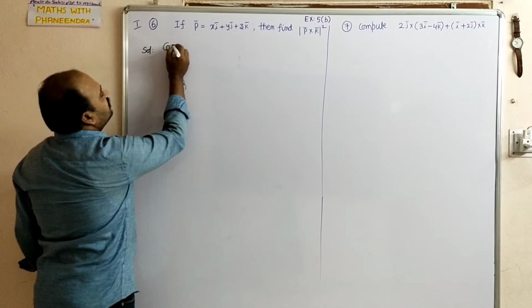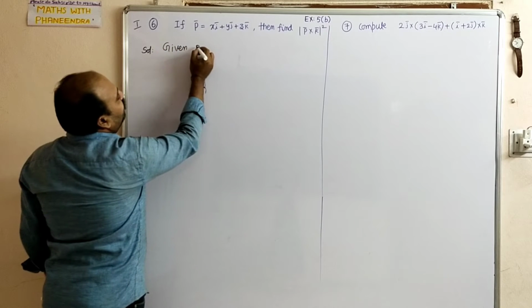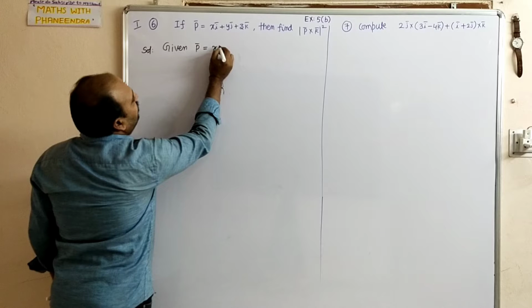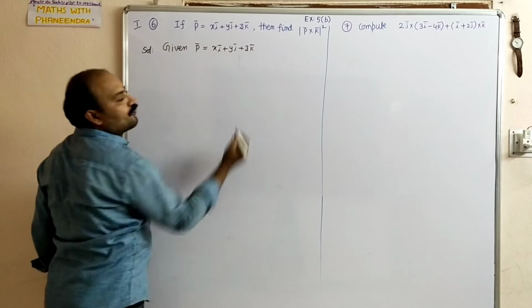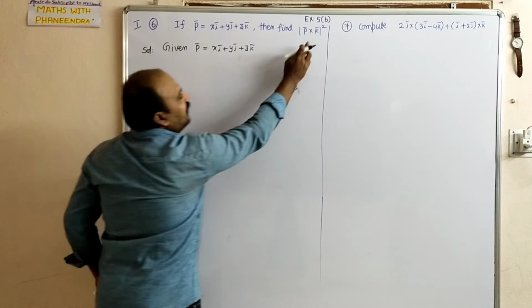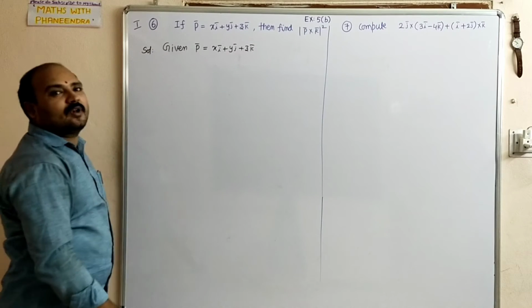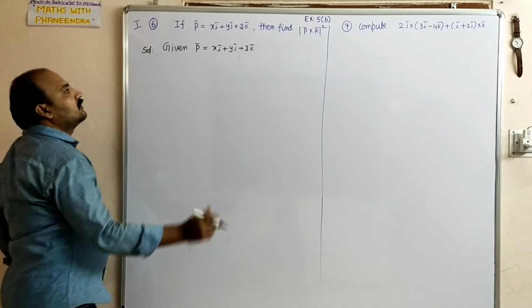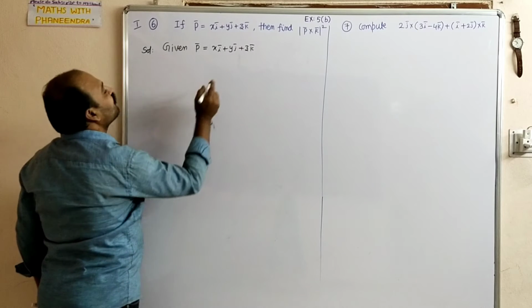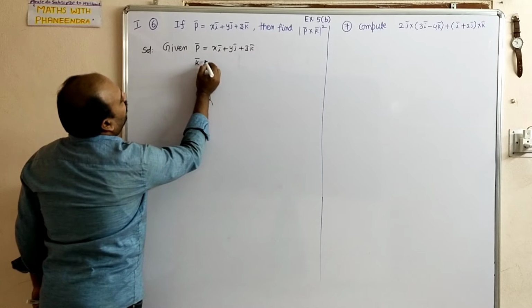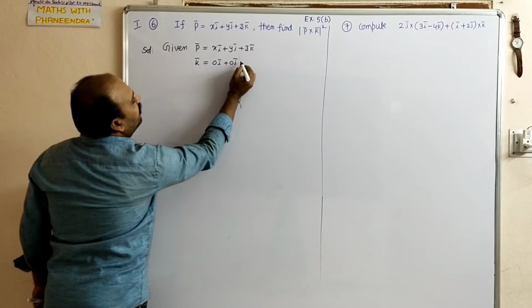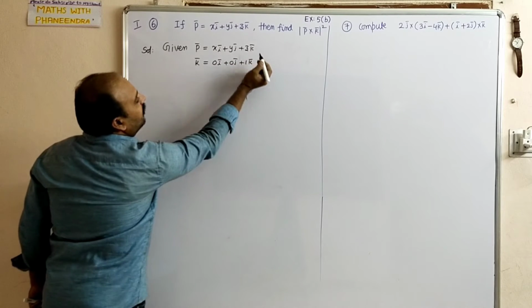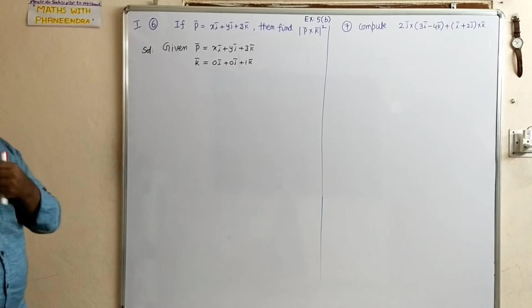Given P bar equal to x i plus y j plus z k, and K bar is there, K bar equals 0 into I bar plus 0 into J bar plus 1 into K bar. Like this we can write it.